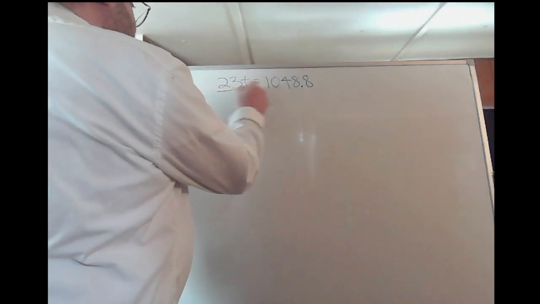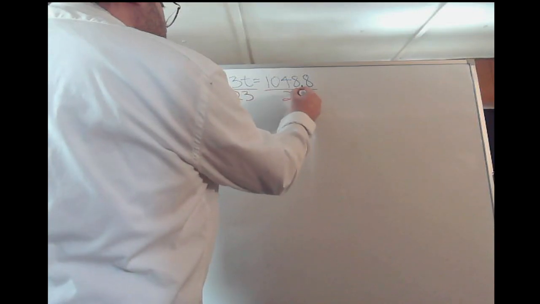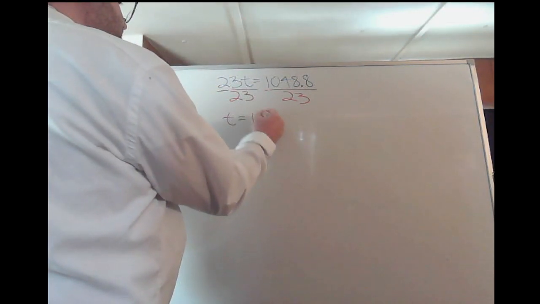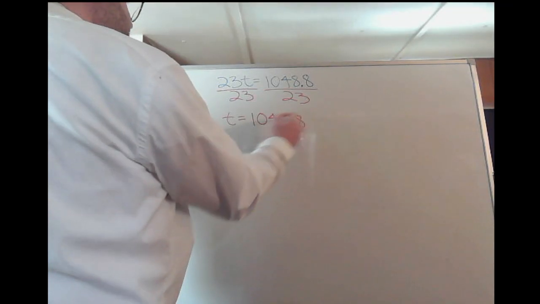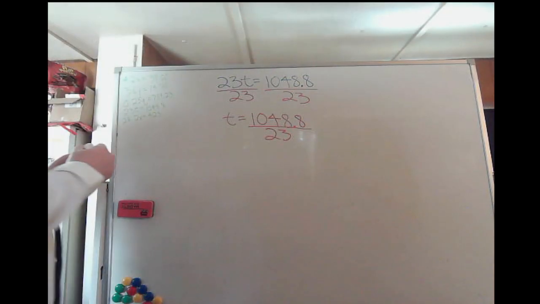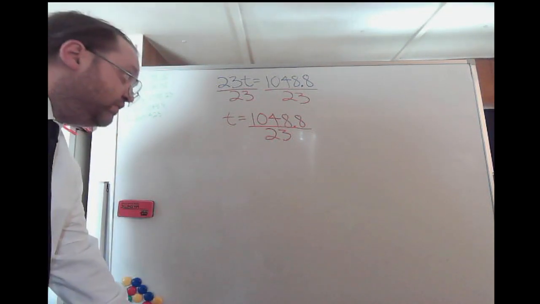In order to do that, you divide both sides by 23. So t will go by itself. That'll be equal to 1048.8 divided by 23. At which point we can go ahead and work out the division over on the side.